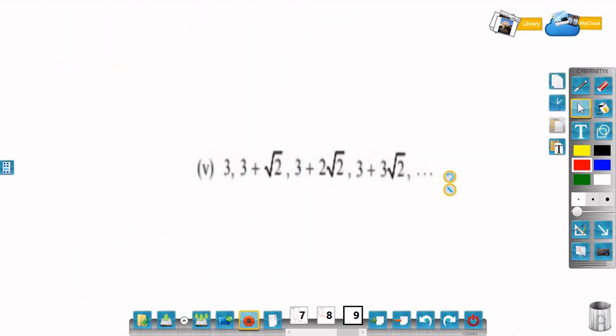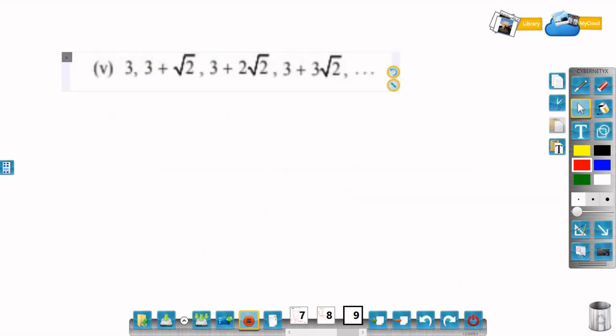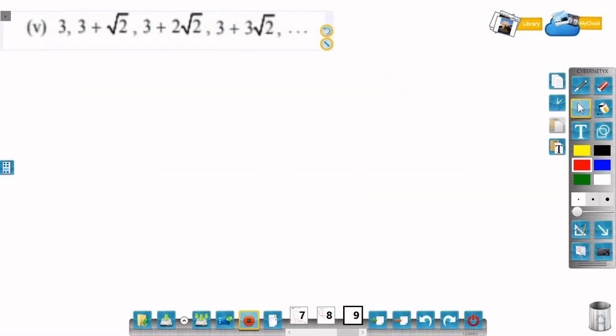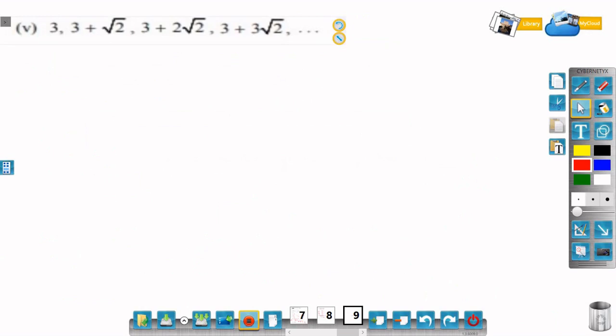Ninth one. First check whether it is an AP or not. Which is the first term? A1 is 3, or A is 3. Second term, third term, fourth term. Now find the common difference.